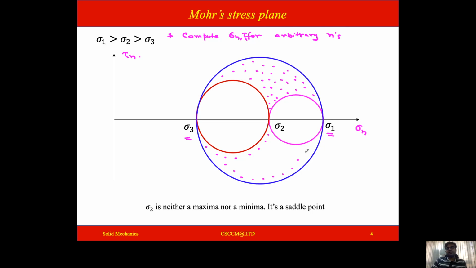You can see that the sigma n's are actually lying in a special area. What can we say?